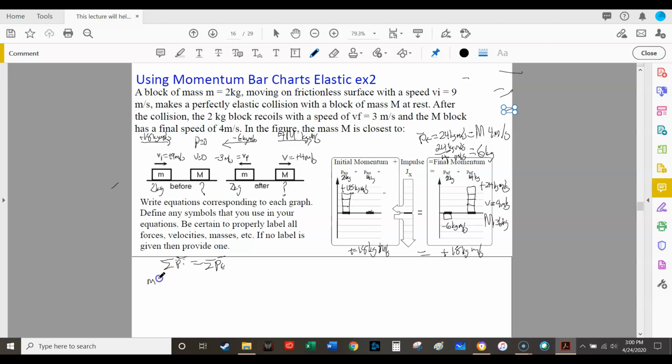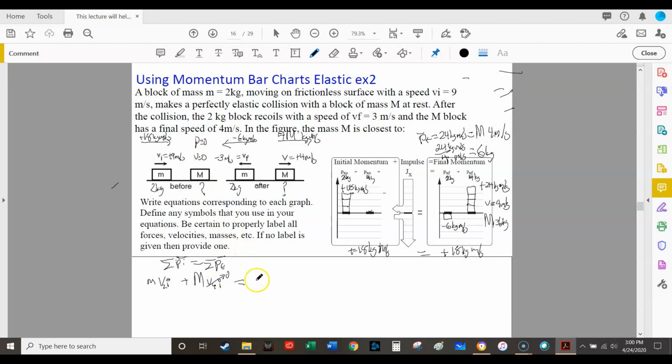The 2 kilogram object and its initial velocity plus the massive object and its initial velocity. And I'll put a 4 here, 4 initial, and this is 2 initial, right? That's going to be 0 because it's not moving, it says in the problem.